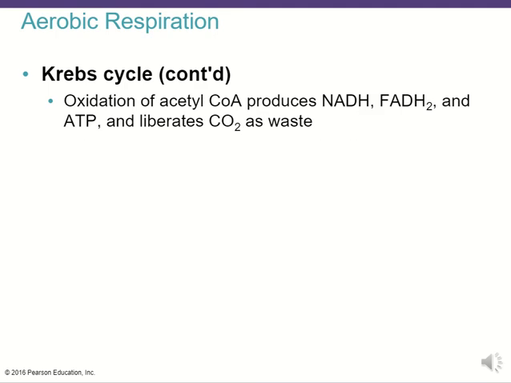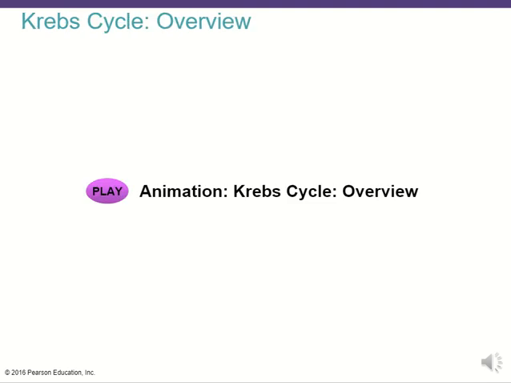Now, the Krebs cycle essentially involves the oxidation of acetyl-CoA, acetyl-coenzyme A, to produce coenzyme NADH, FADH2, and ATP, as well as liberating a carbon dioxide molecule as waste at the end. This is effectively how we breathe out carbon dioxide.